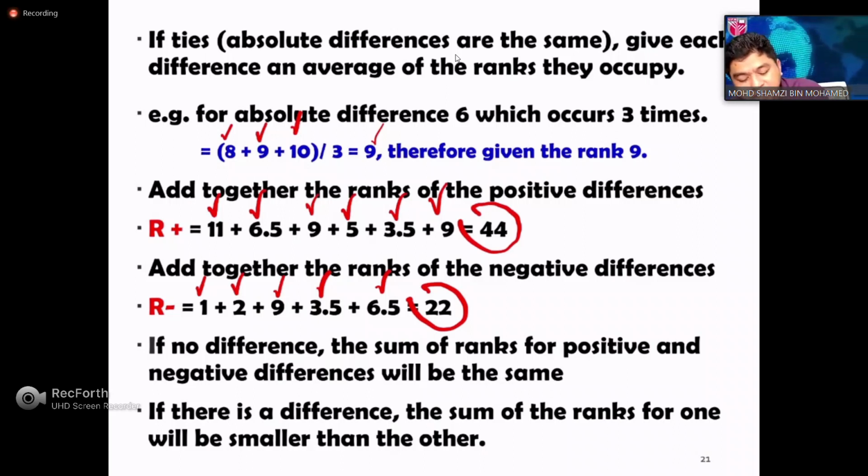But in this case, there is a difference. The sum of the ranks for one will be smaller than the other. In this case, R negative is 22, smaller than 44. So you can say that there is a difference in the scale between A and B.